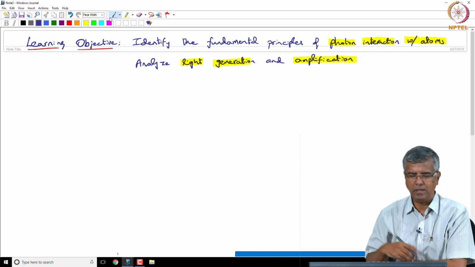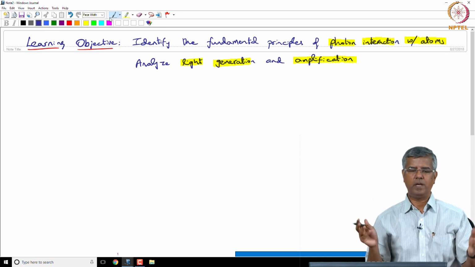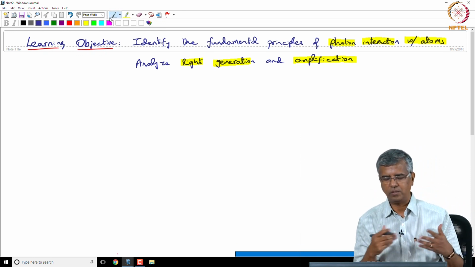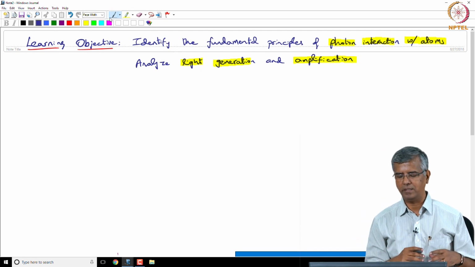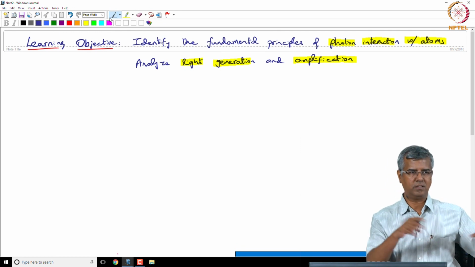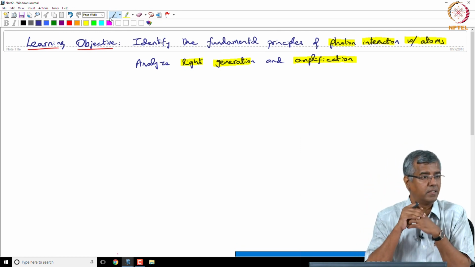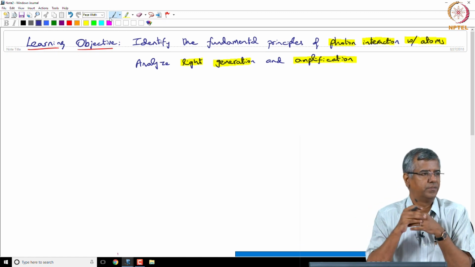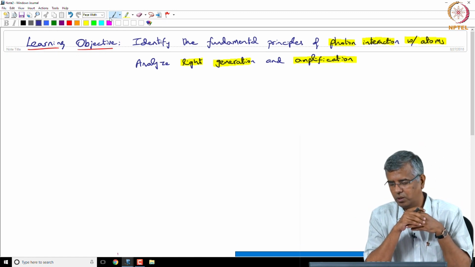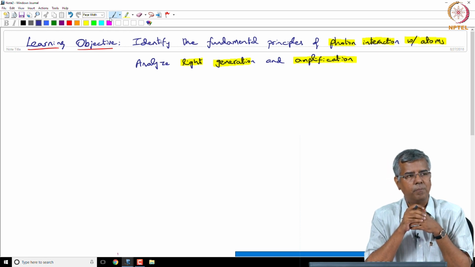Because so far we have been looking at ray optics, wave optics, electromagnetic optics, photon optics. And in all of this, we just figured there is some source out there which is giving us all this light. Now, that source, how does that work, right? So, what goes into explaining light generation and amplification?